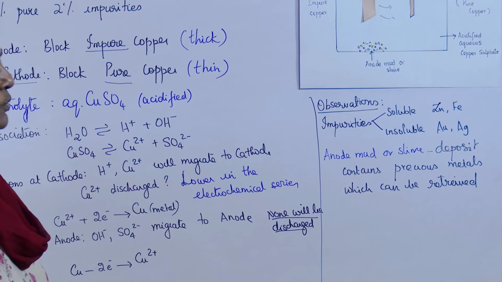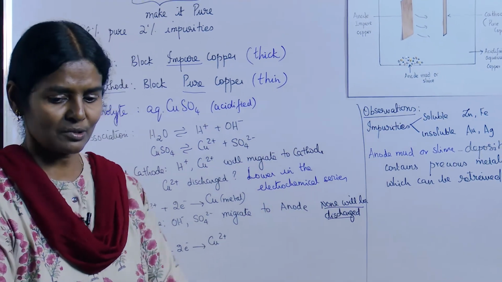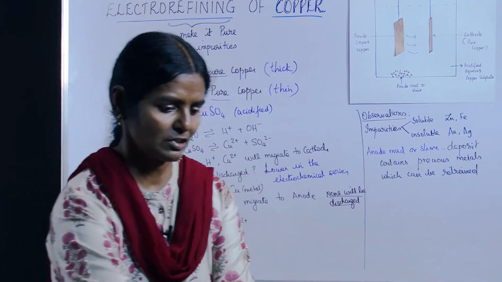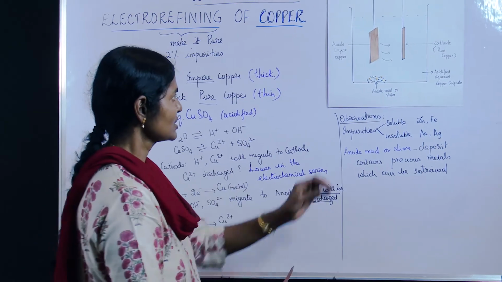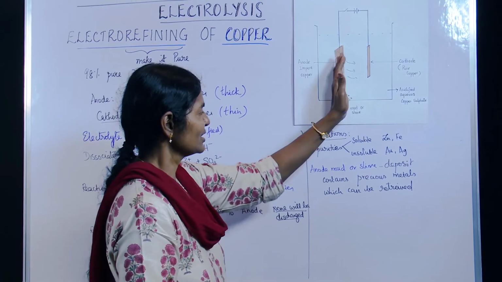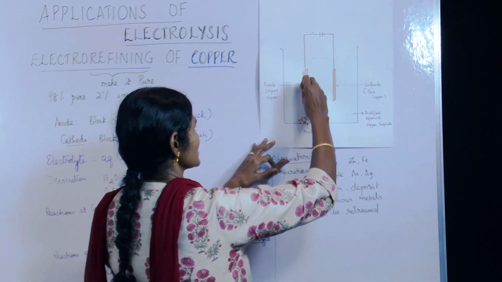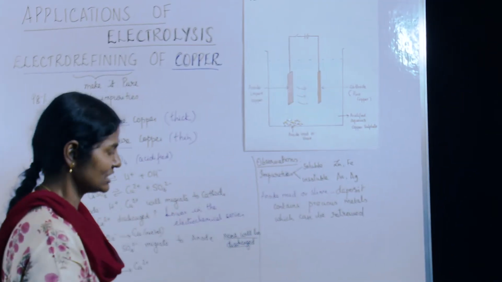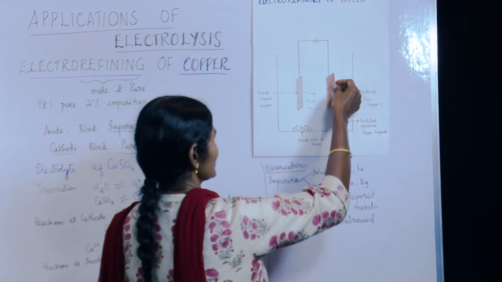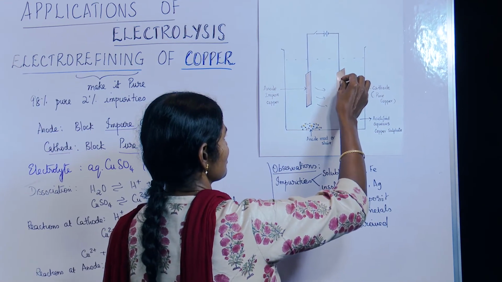Then of course, by the end of the refining, as the copper gets deposited, the anode becomes smaller or thinner and the cathode becomes bigger.